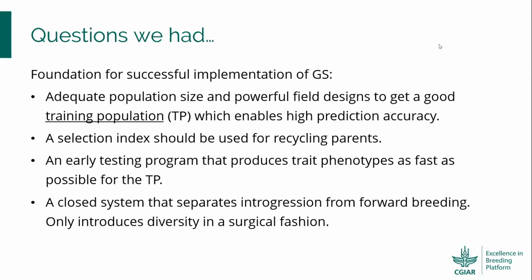You should be trying to go as fast as possible. You should try to generate the phenotypes as soon as possible with high accuracy, etc. So it's not like genomic selection is going to solve all our problems. Actually, we start from the assumption that you are trying to optimize your program, and then genomic prediction is what is going to make it even better.